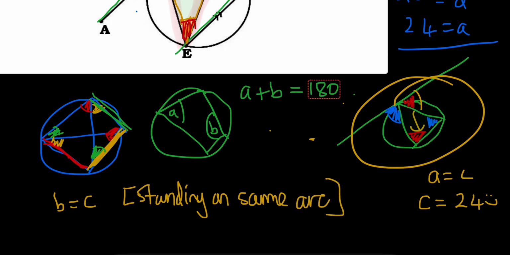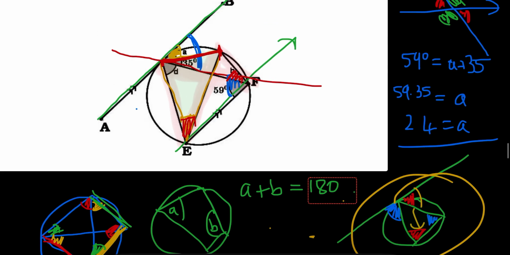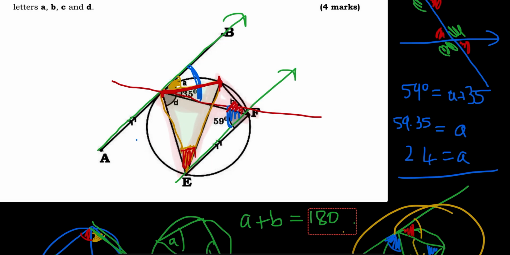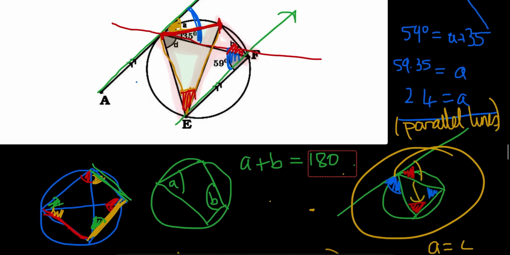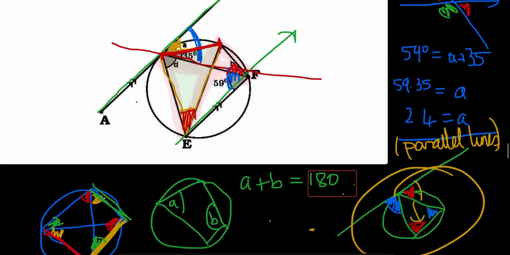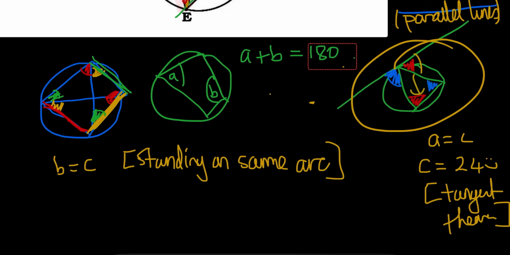A equals C was because of this tangent theorem, and this up here, just to be careful, is from parallel lines. So B equals C and C is 24, so B is 24. So far we have A is 24, B is 24, C is 24.